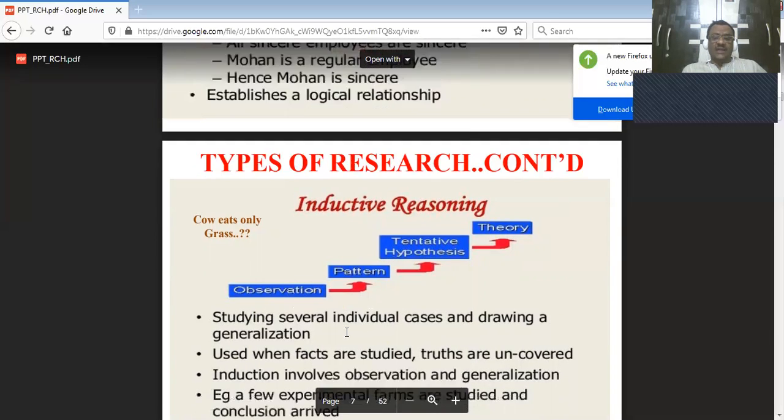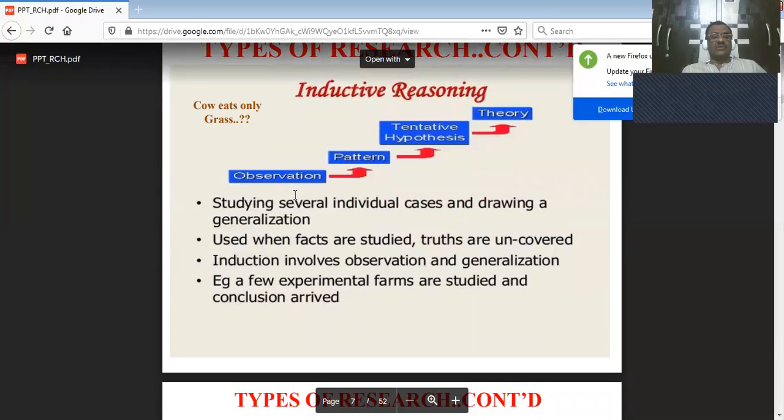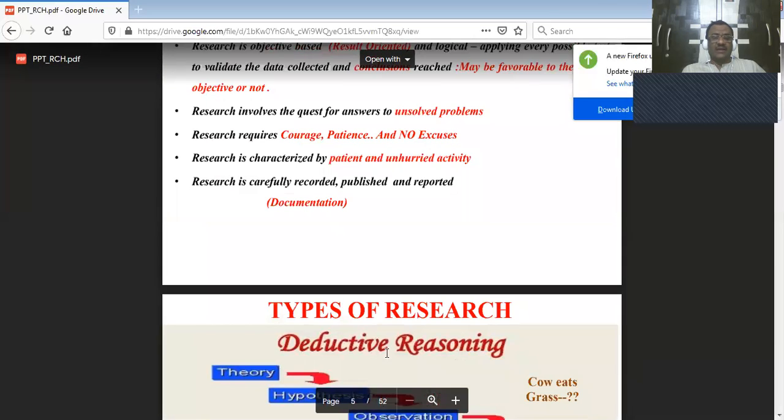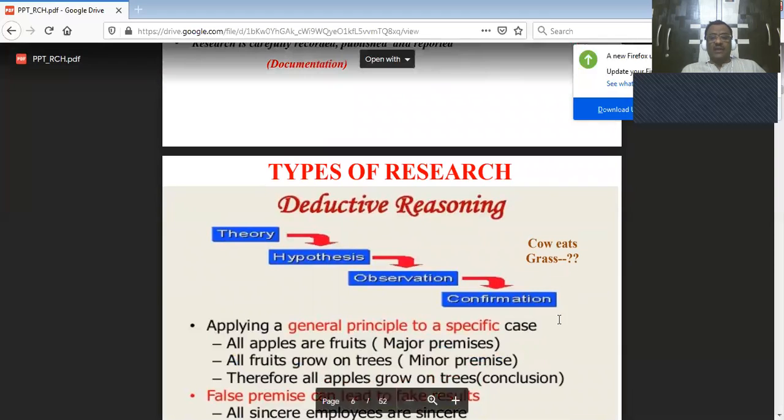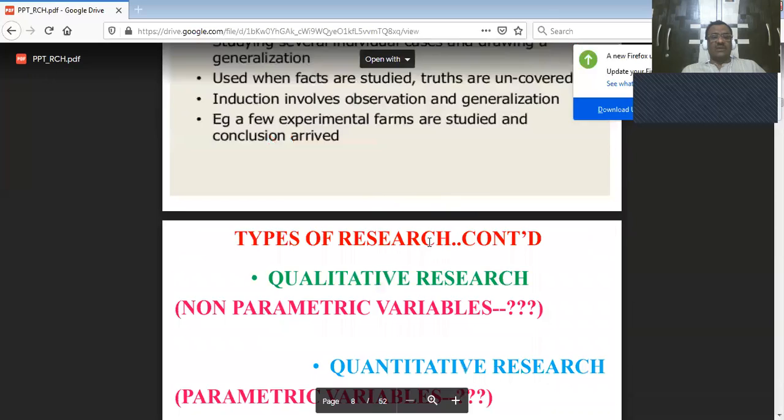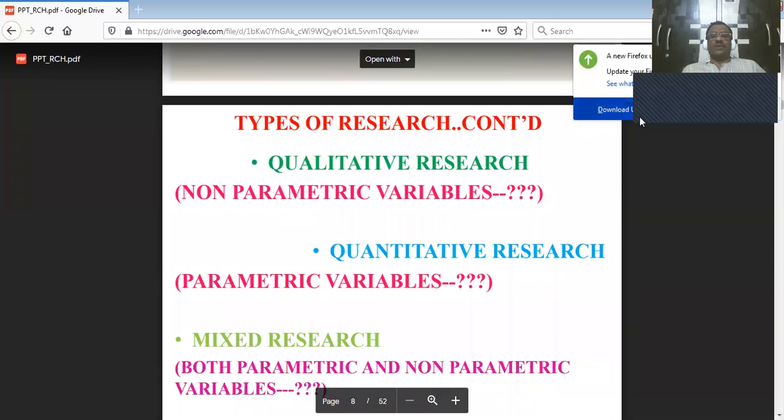That is studying individuals and drawing generalizations: observe one by one, and then develop the theory. Observation starts first, and then you develop the theory. In the case of deductive, you start with the theory and go to the conclusion. This is about deductive and inductive reasoning.